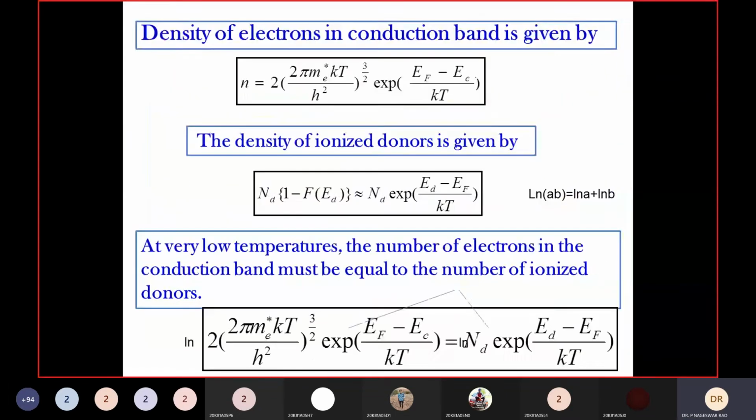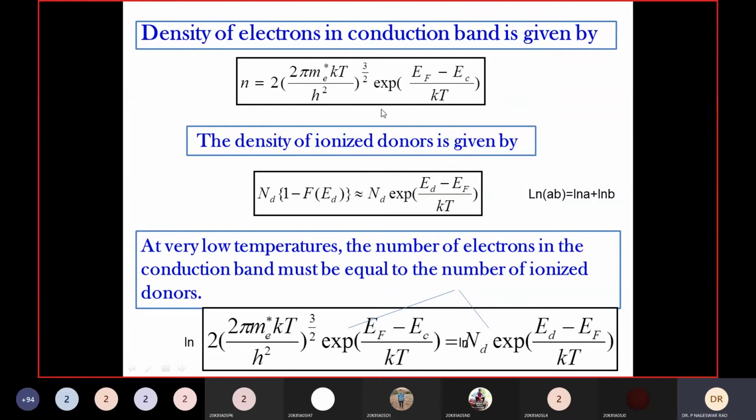Now see here. According to the intrinsic semiconductor, what is the density of electrons in the conduction band? The density n is equal to 2 into (2 pi me kT by h squared) whole power 3 by 2 into exponential of (Ef minus Ec) by kT.